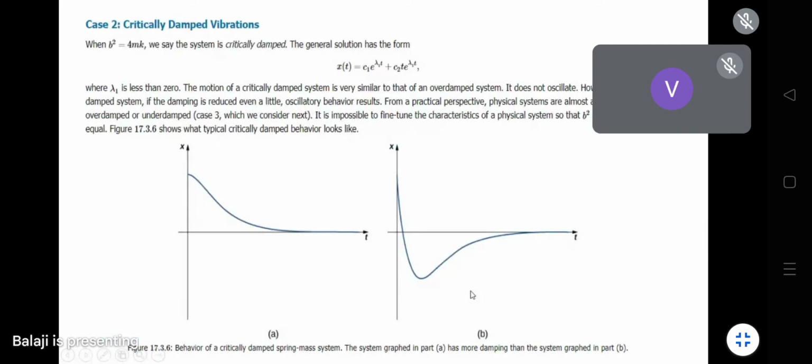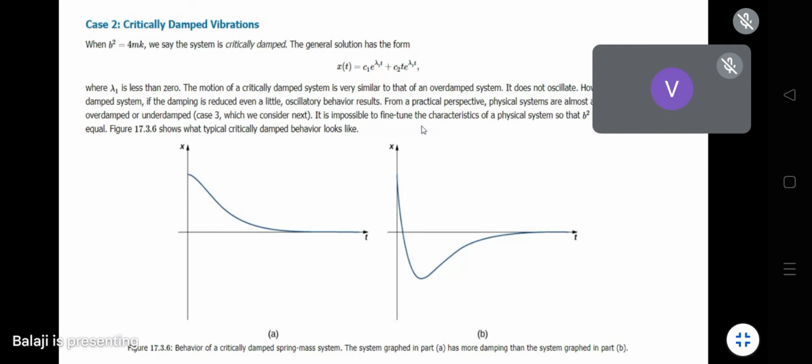Then similarly, critically damped vibration. What is critically damped vibration? You can look at B.B. Ramana's book and understand the things. Critically damped vibration means the roots are of equal type.